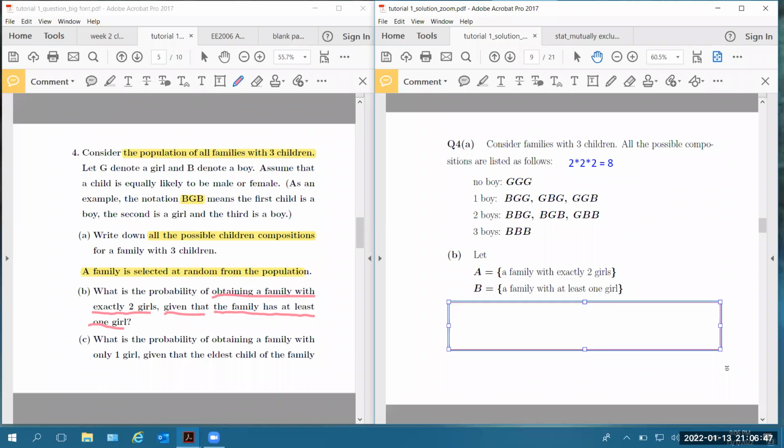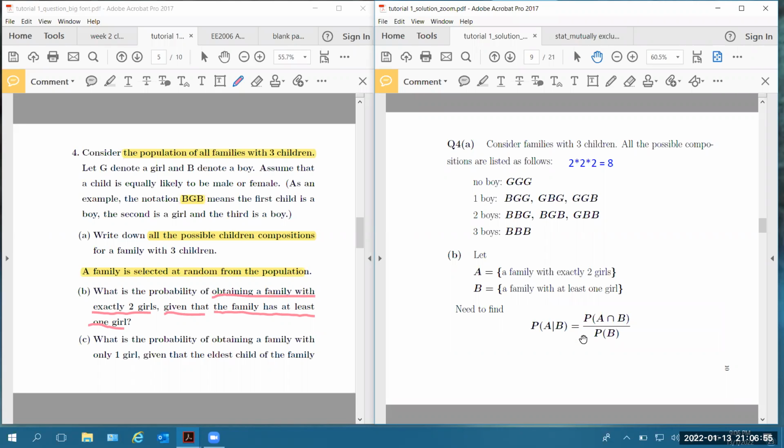So the probability that we want to find is the probability of A given B. And of course, this one is the formula. Any questions? Can everyone understand why we are finding this probability?